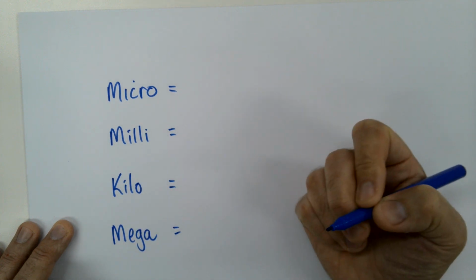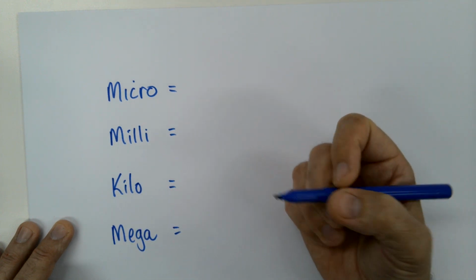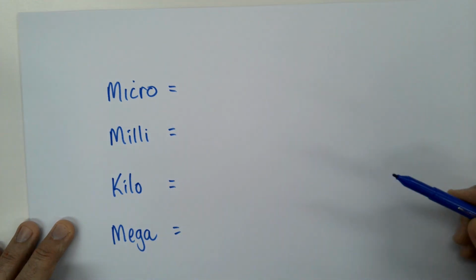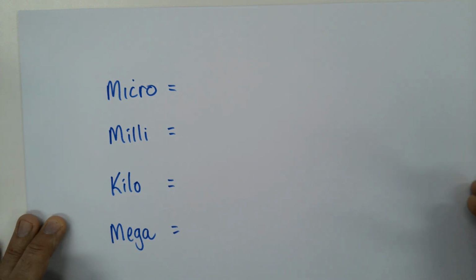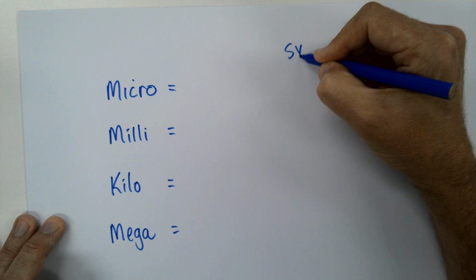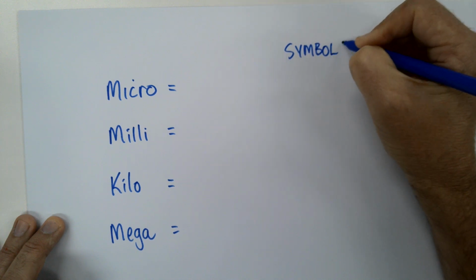So for instance, there could be micro ohms, milliamps, kilovolts. We need to know what these things are, and there are symbols that you need to know about as well.